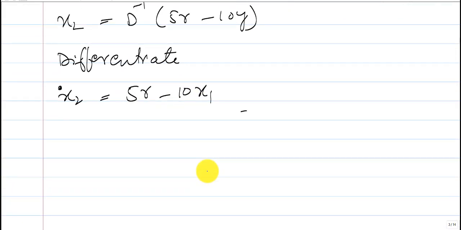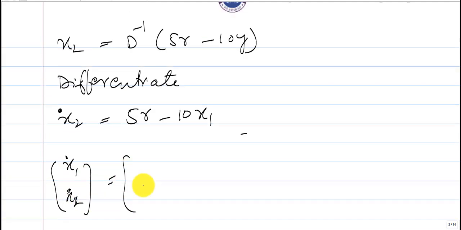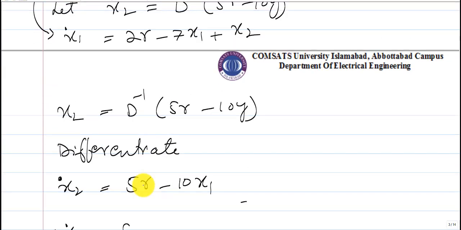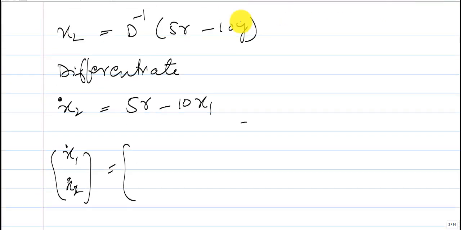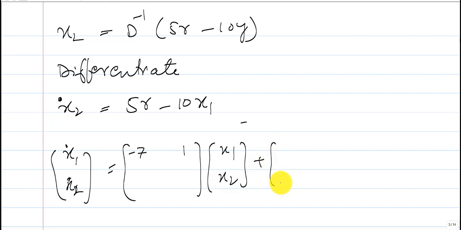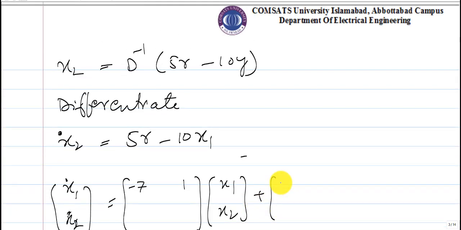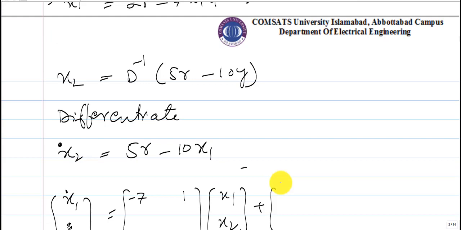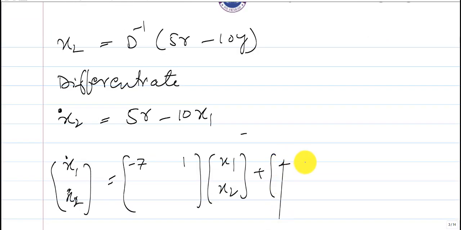Here we can use them to write in matrix form for x1 dot and x2 dot. x1 dot is minus 7x1 plus x2, so the first row is minus 7 and 1, and we have the term with r, which is 2r.